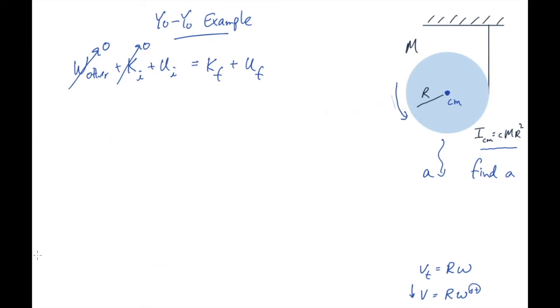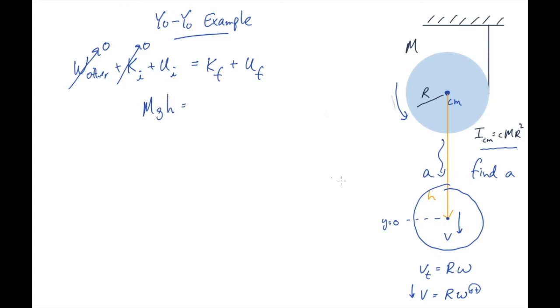I'm going to assume that the yo-yo translates and falls through some height h, so that at the end the yo-yo center of mass ends up here, and it's right there moving down with some velocity v. If we set y equals 0 right here, that means at the initial point, way up here, the potential energy is mg times h.